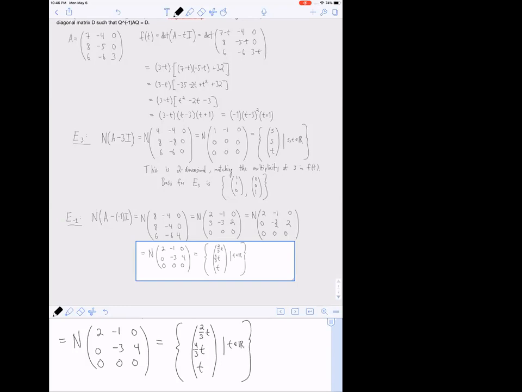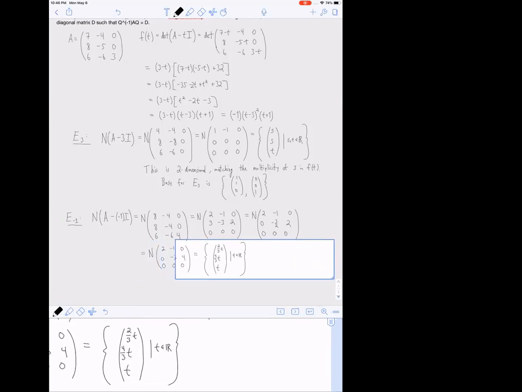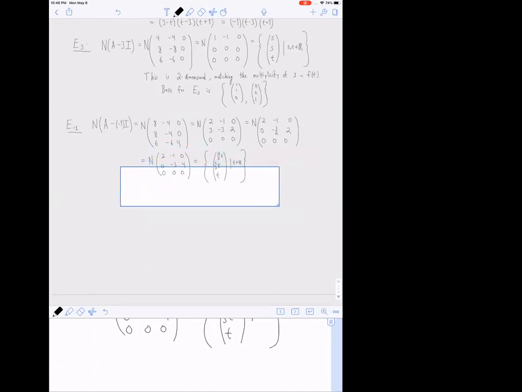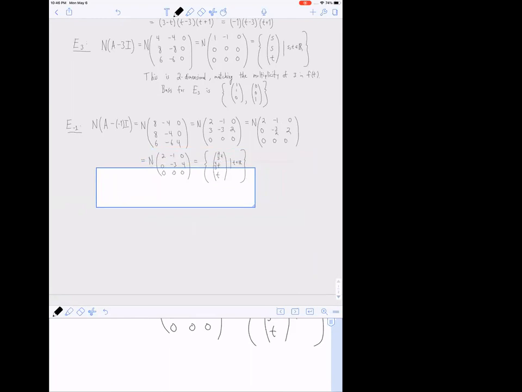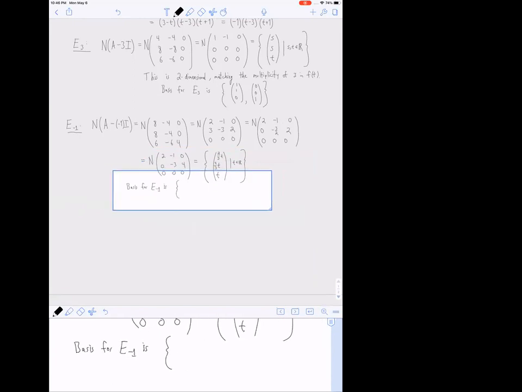So I claim that the null space is equal to all vectors of this form, 2/3 t, 4/3 t, t, but t can be any real number. So let's just observe that this is a one-dimensional space and say that a basis for E minus 1 is, well, I could let t be 3, and then we would have nice eliminations of the fractions.